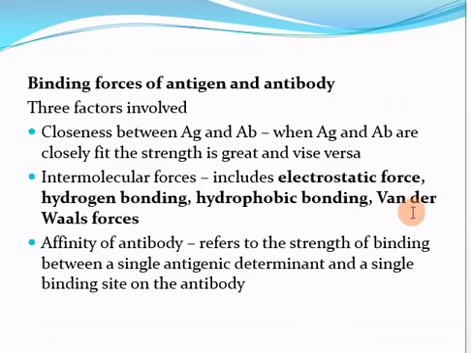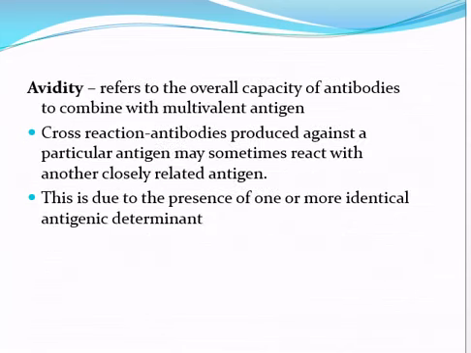They need a certain force, and this force is called hydrogen bonds, hydrophobic bonds, and van der Waals force. These are the forces which keep them together. Once this complex has been formed, these bonds slowly break off, and that's how it gets destroyed.